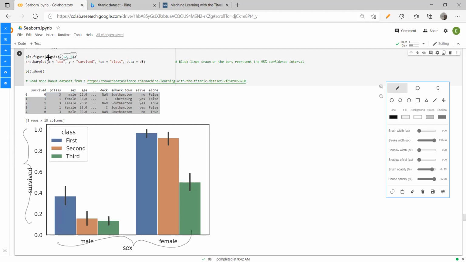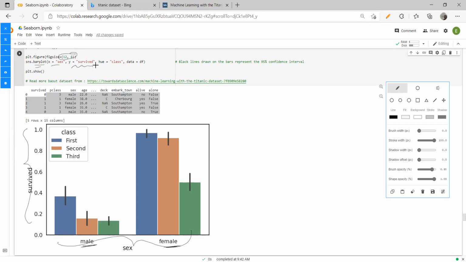So it is again an optional parameter. If you want, you can skip it. You are plotting a bar plot over here and specifying the x-axis is the gender. So the x-axis has male and female, only two things on the x-axis.